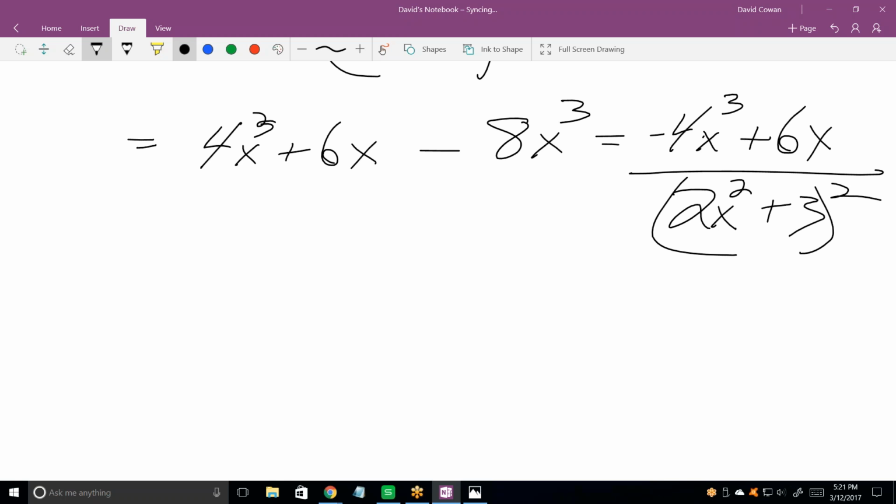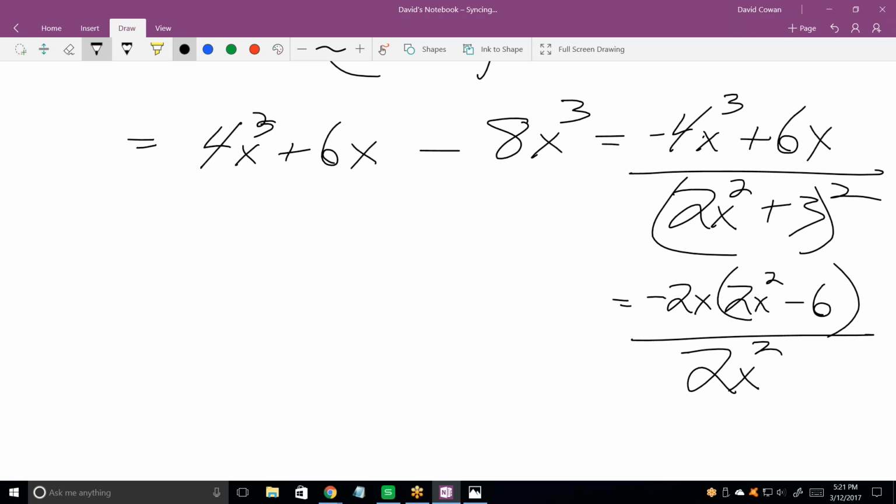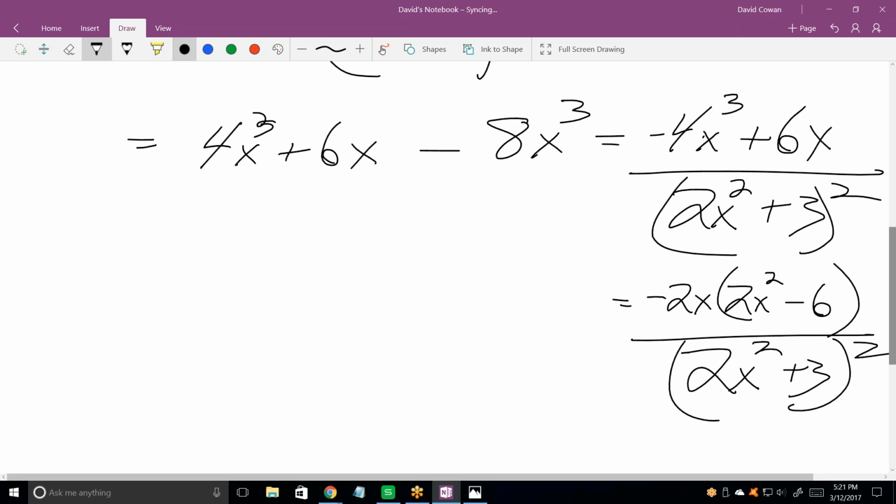Because if I do factor a minus 2x out of the top, well, I'm left with 2x squared, but minus 6. And now I can't really do anything more with this problem. Excuse me, that minus 3.